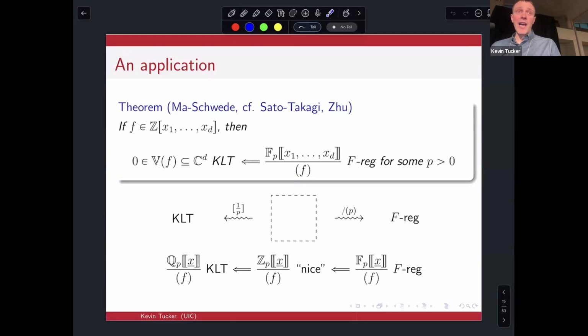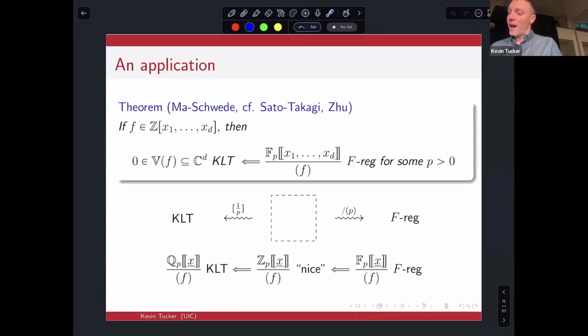Contrasting it with what we had before, the usual rigmarole with reduction mod P would have told you that to check for KLT, you need to check something for all large P or some very, very large P, right? What this says is that if you find a single P for which the reduction mod P is F-regular, then you win, and it gives you a good test for KLT.